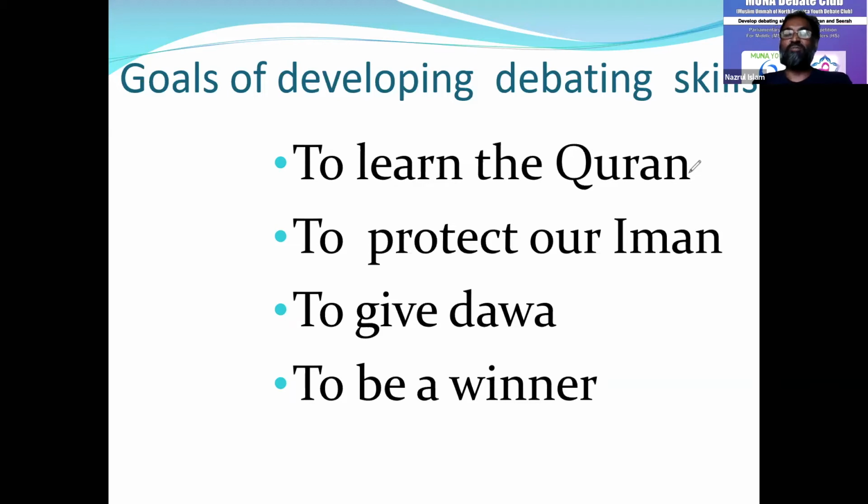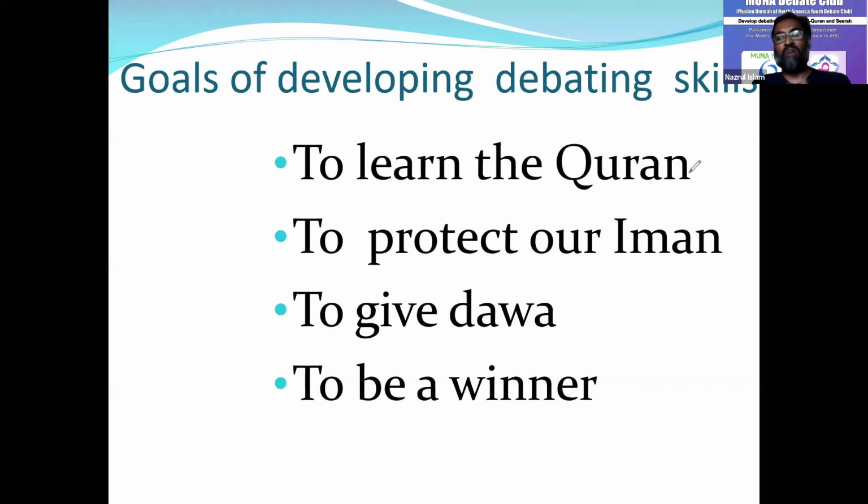It is also to protect our iman. Some people will say, you guys are a disturbing element in the society, you are terrorists, and so on. So how are you going to protect your iman? That's why you need the debating skill. And of course, the third one is to give dawah.